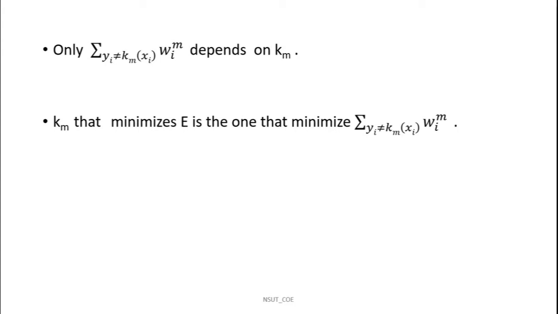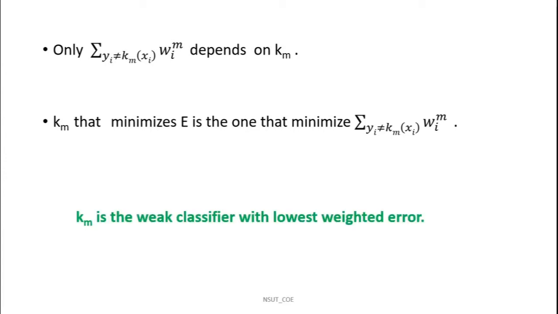From this we can deduce that the km that minimizes E, the total error, is the one that minimizes this particular term. But this particular term is nothing but the total weighted error for the classifier km. So we can conclude that the classifier which is chosen at iteration m is the one that minimizes the total weighted error at iteration m. So km is the weak classifier with the lowest weighted error.